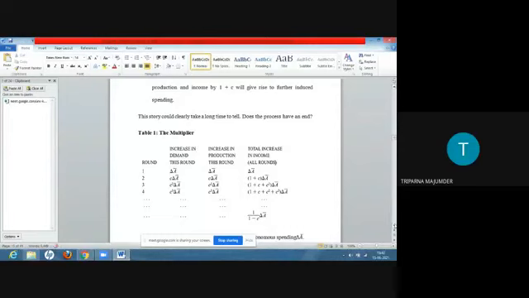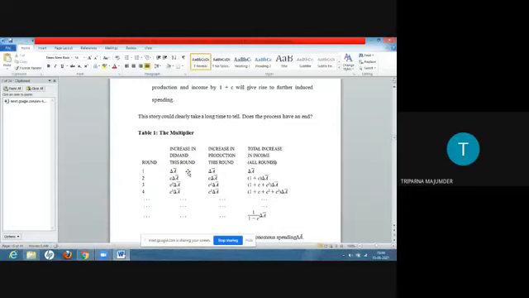So what happens? First, increase in demand in the first round by delta A bar. This leads to the increase in production in this round by delta A bar. This in turn leads to increase in the income by delta A bar. This is the story of the first round.